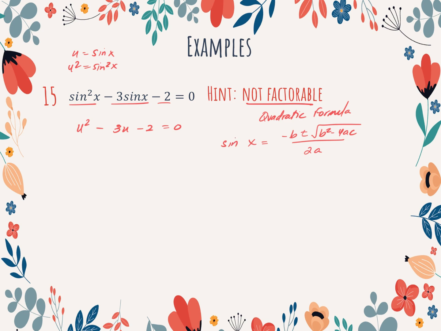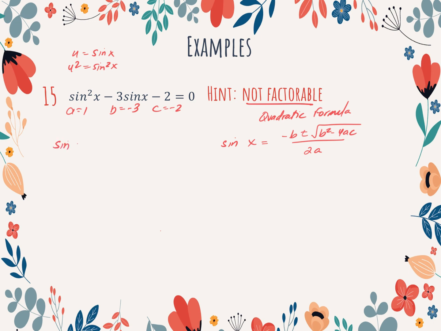And our a, b, and c values are these coefficients, the ones in front of the u's or the ones right here in front of the sines. So when I come over to here, I know that my a value is 1, my b value is negative 3, and my c is negative 2. And so you'll come to that quadratic formula.